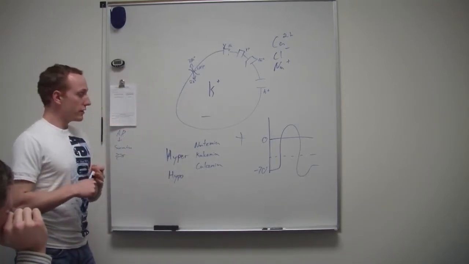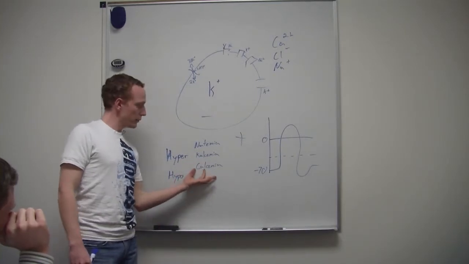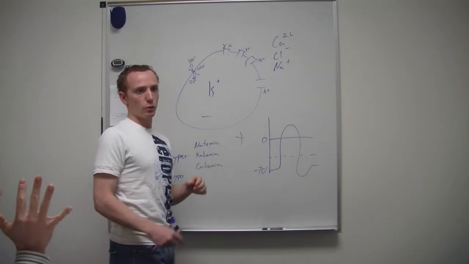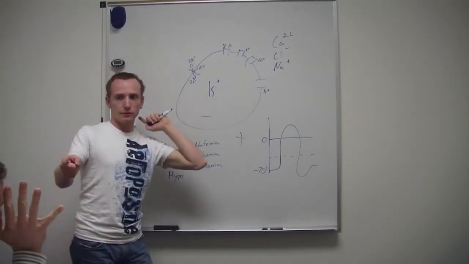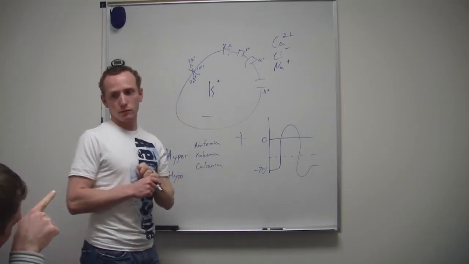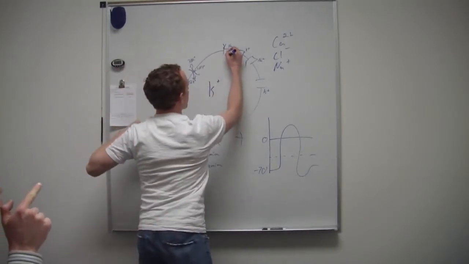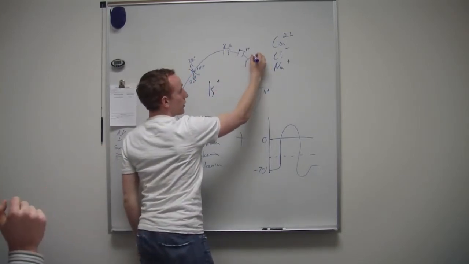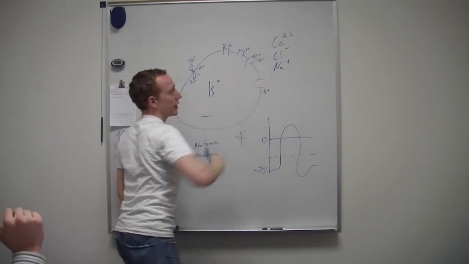There's one really important thing to know about calcium that makes it a little bit different. What's one of its functions affecting these gates? It keeps the sodium gate closed. The voltage gated one. It keeps the voltage one shut, it keeps it closed.